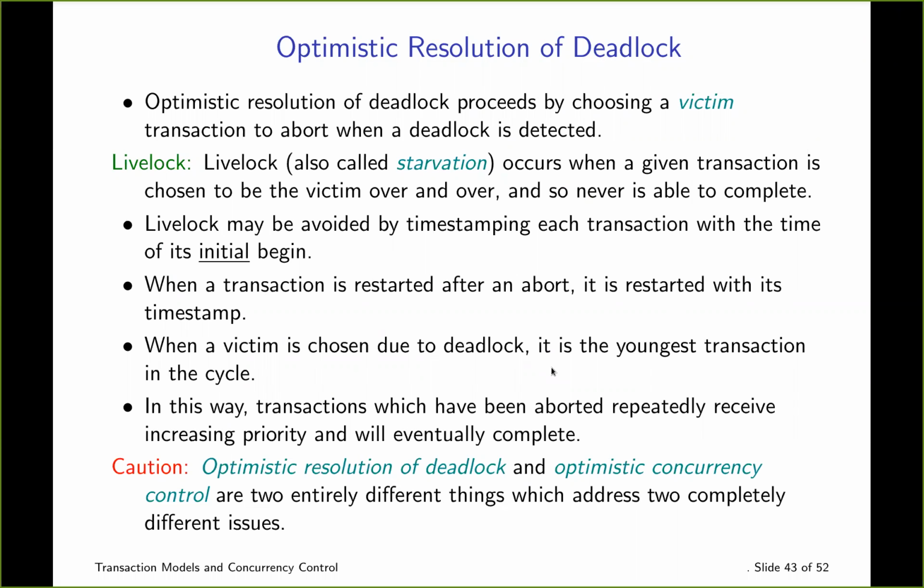If one was younger at one point and got killed, then when it gets restarted with its earlier timestamp, it will be older, and this will guard against the livelock problem where you're always being excluded and never able to complete. So that's just a simple way to prevent this livelock or starvation problem.